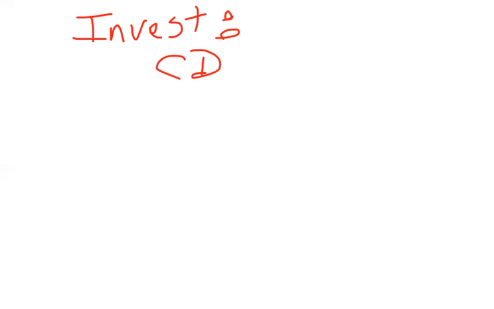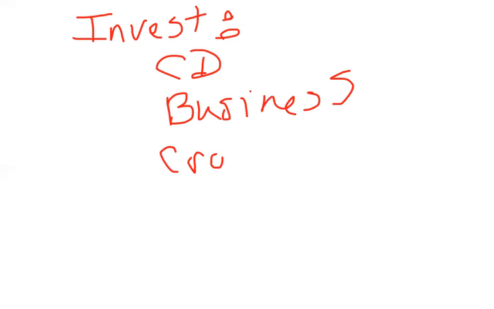If you got some kind of business, you can invest it in a business. There's also what's called crowdfunding. Crowdfunding, this is where they raise money for real estate projects, something like that. And you can go into crowdfunding for as small as $500.